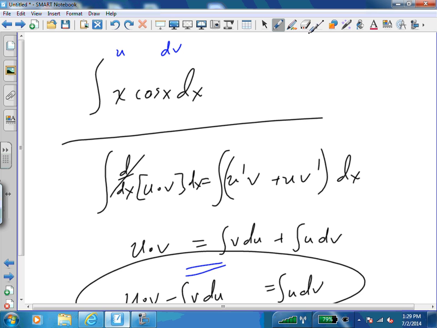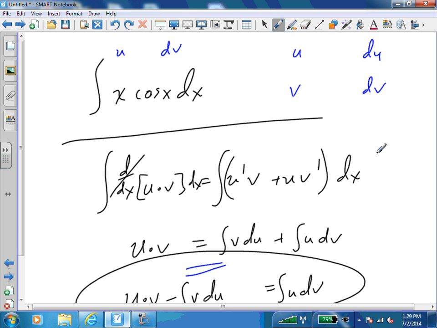So we need basically four things. We need u, du, v, and dv. We want to pick the one for u that when we take its derivative is going to get simpler.